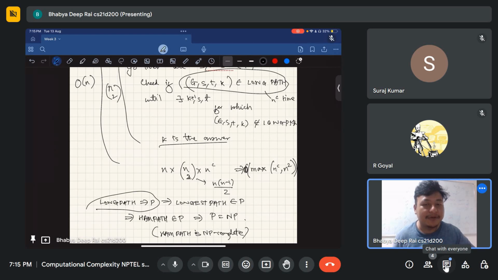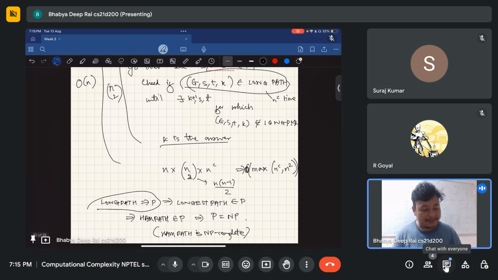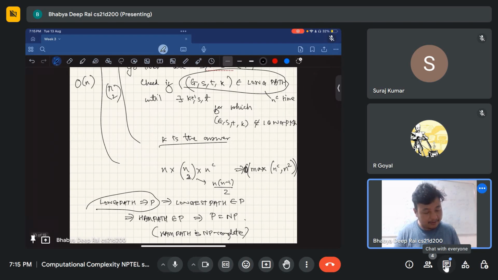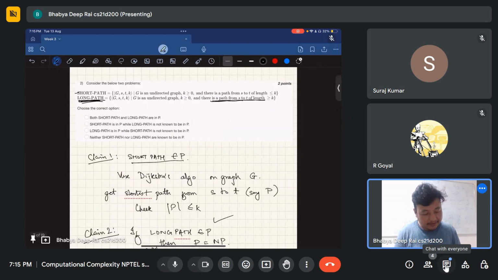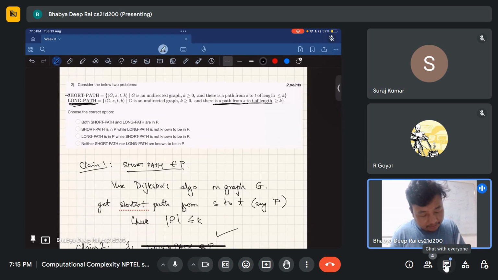We'll resolve the question of P equals NP, but we have not resolved the question yet. So it is not known whether long path is in P or not, because if it was known, then you can solve the Hamiltonian path problem and we are done. We can show NP equal to P. Short path is in P, while long path is not known. Is this clear?